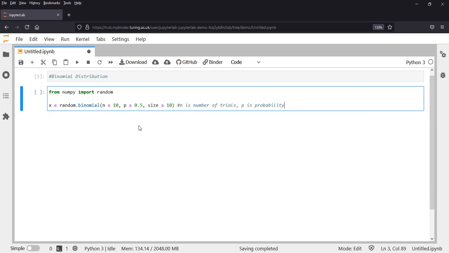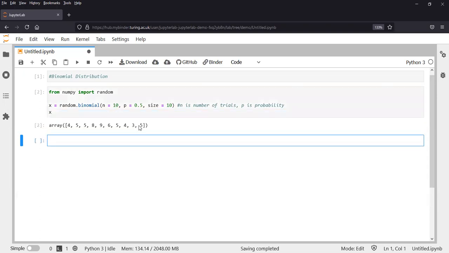The size is the length. So we can print x, and it prints the array of 10 elements. That's how the binomial distribution works in Python.